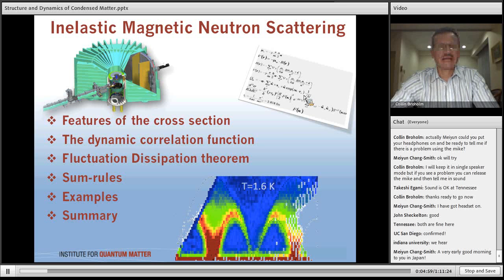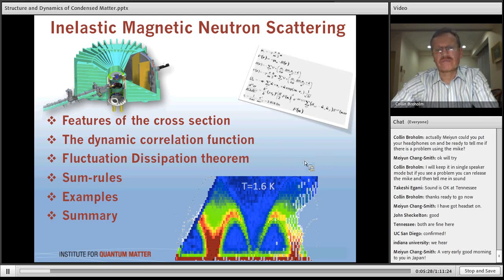And so on the next line here, I've written out that expression for the two-point correlation function. And you'll see that it consists of a Fourier transform in time, which is this part, and a Fourier transform in space, which is this part. And what I have here is spin operator component alpha, that could be x, y, or z, and component beta likewise.